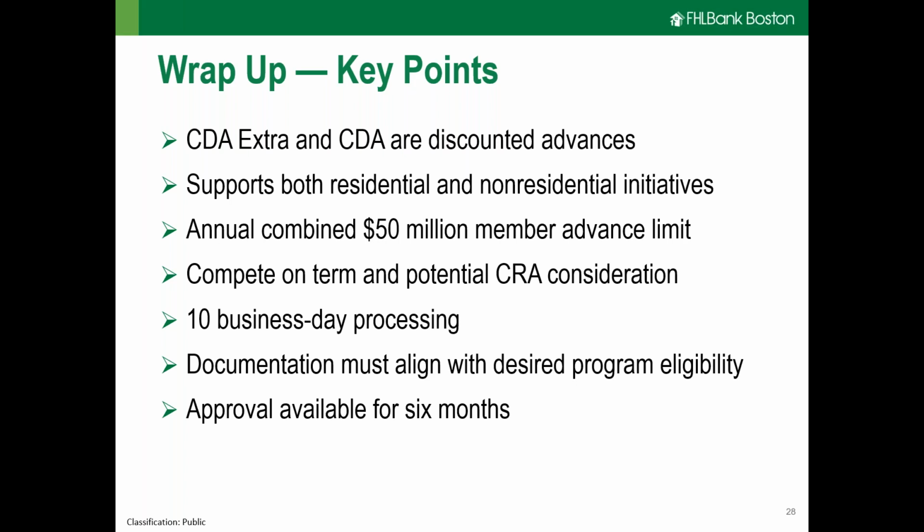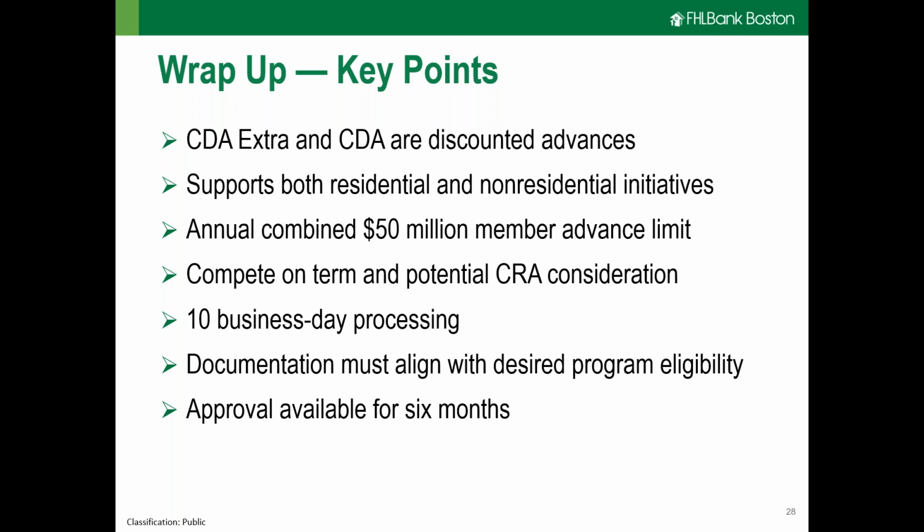They're designed to support both residential and non-residential initiatives. Each member in any one calendar year has access to no more than $50 million in disbursement activity, 15 million on the CDA Extra side and 35 million on the CDA side. And this allows you to compete on term and potential CRA consideration.